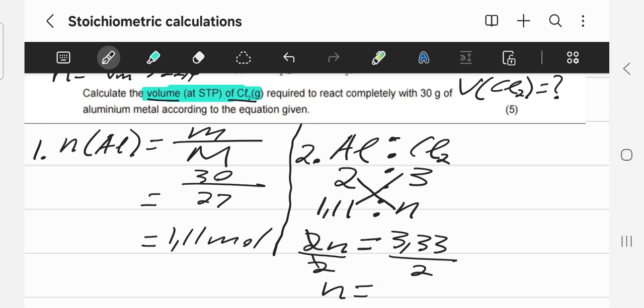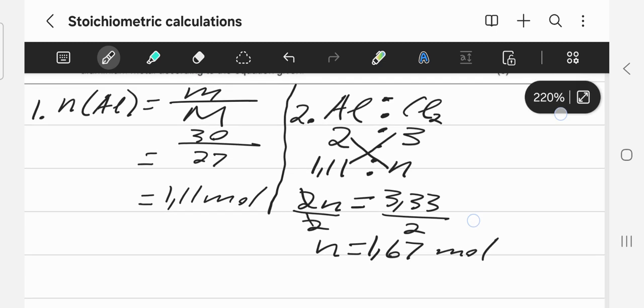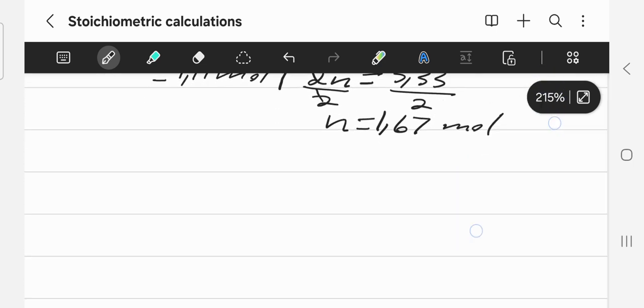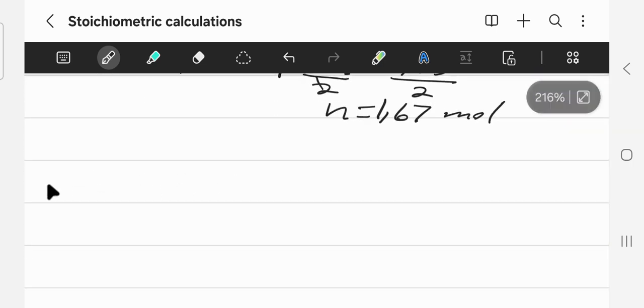And this means my N, let me see, if I say 3,33 divided by 2, the answer I'm getting is 1,665. But I'm going to round off to 2 decimal places. So that means my answer will be 1,67 moles.